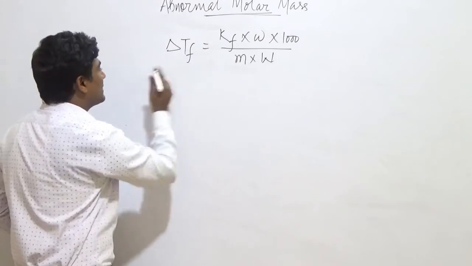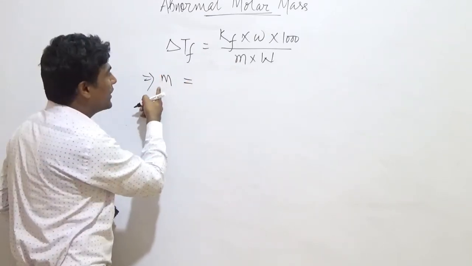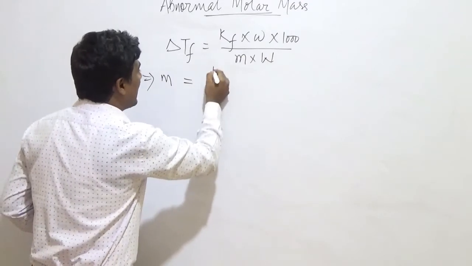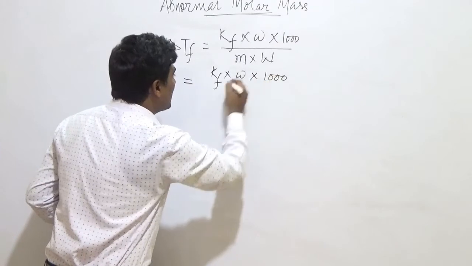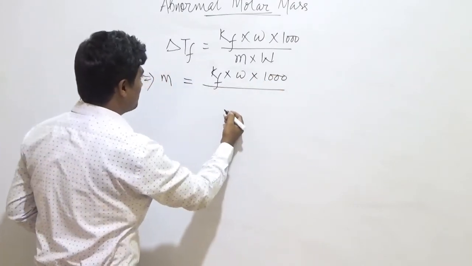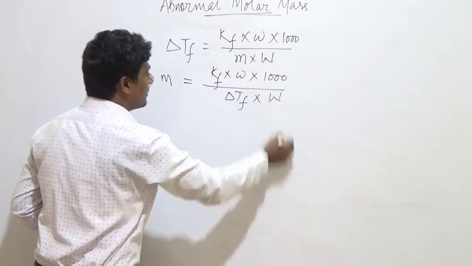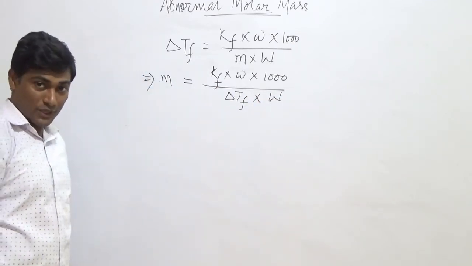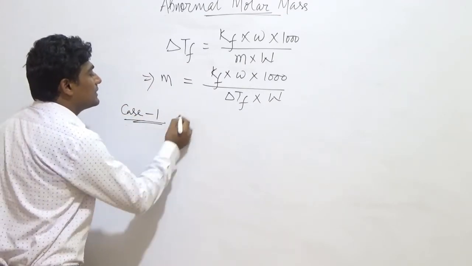Accordingly, taking the molecular mass of the solute, we get m equals Kf into W into 1000 by del Tf into capital W. So, case 1, association.